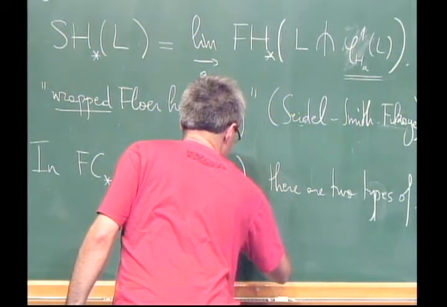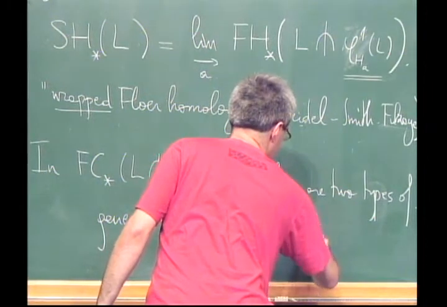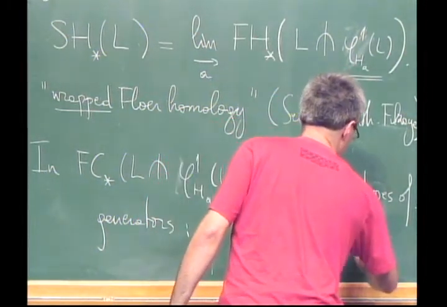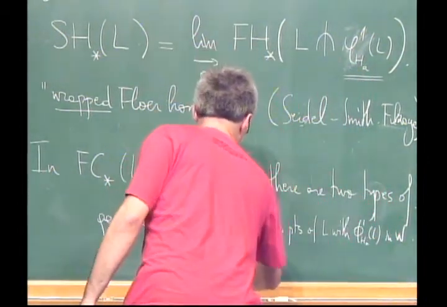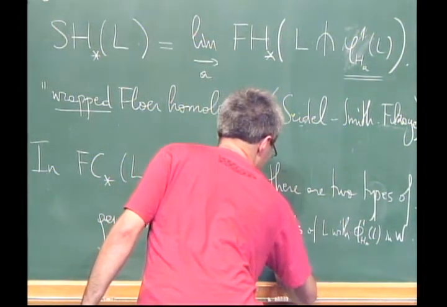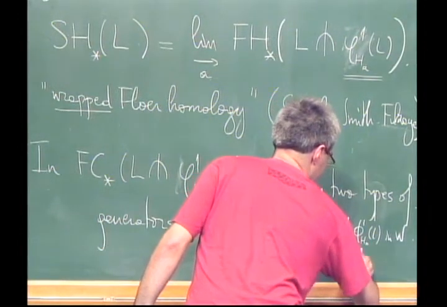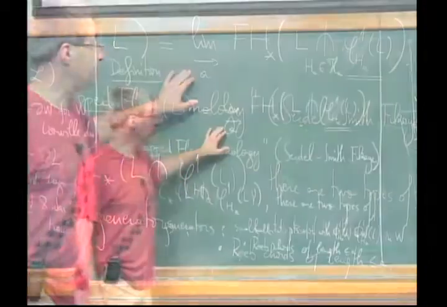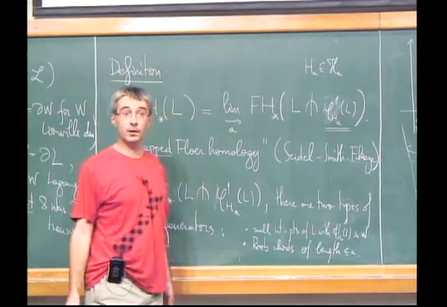Small intersection points of L with phi 1 HA of L, that's in W, and then Reeb chords of length at most A. And as I let A go to infinity, everything's fine. I will have taken into account the whole story.